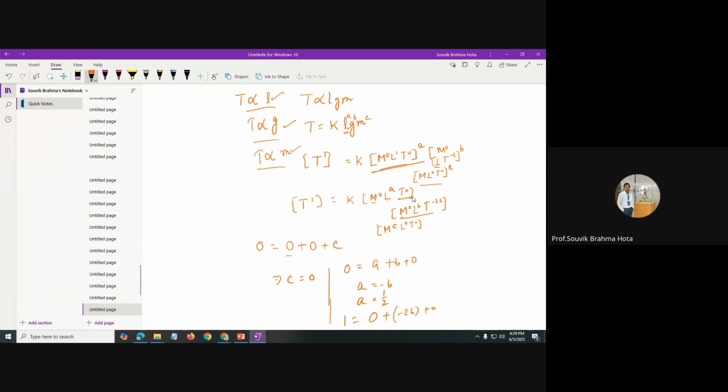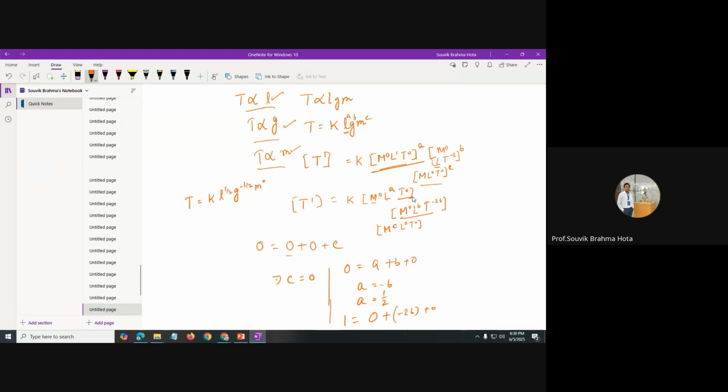So what I should write? T is equal to K, because L raised to the power A is half, so L raised to the power half. G raised to the power B is minus half. So G raised to the power minus half. And M raised to the power 0.